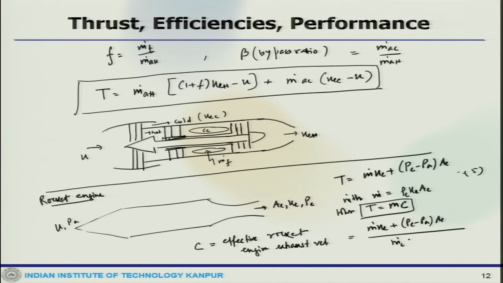So, this is the effective one, then you can write the thrust equation like that.